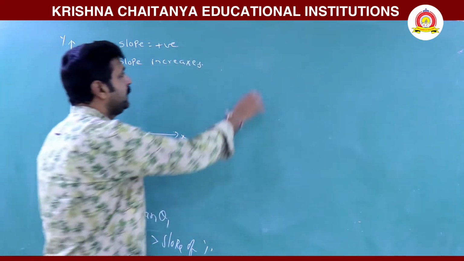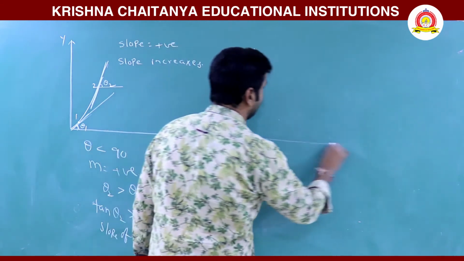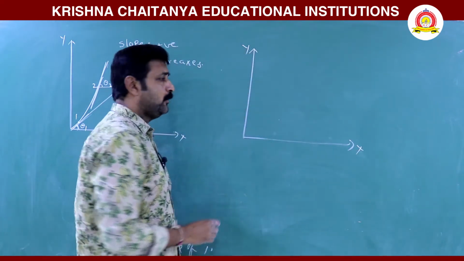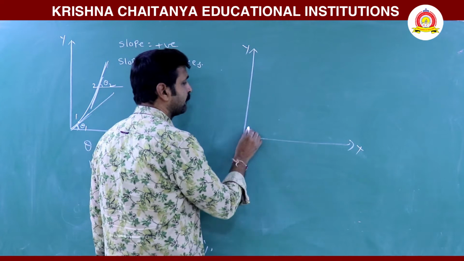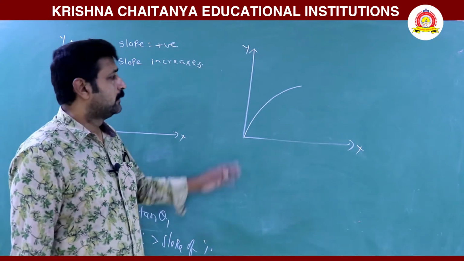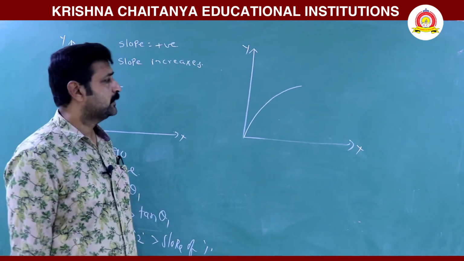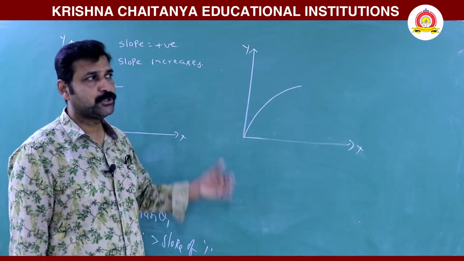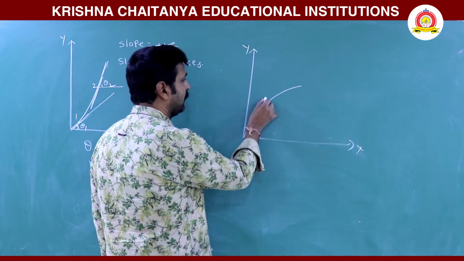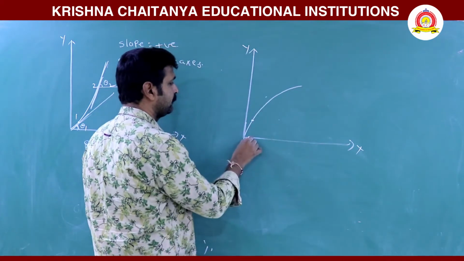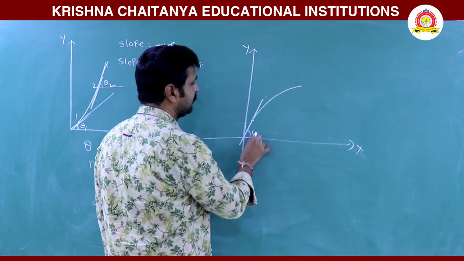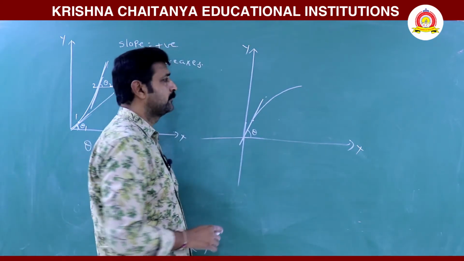Okay, for any graph, if this is the xy coordinate system and a graph is drawn like this, then for such curves, what happens to the slope? If you take a point here, draw a tangential line. Now this is theta, which is less than 90.